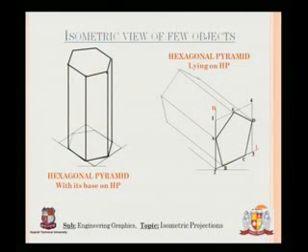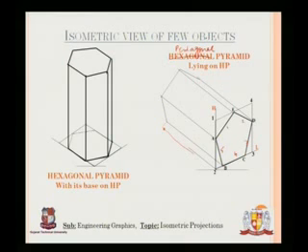Another example of isometric view. This is not a hexagon, this is a pentagon. This is a pentagonal pyramid which is lying on HP. Why pentagon? This is 1, 2, 3, 4, and there are 5 sides, and it is lying on HP. As you can see, again 1, 2, 3, and the 4th part is absent somewhere behind this pentagonal pyramid.